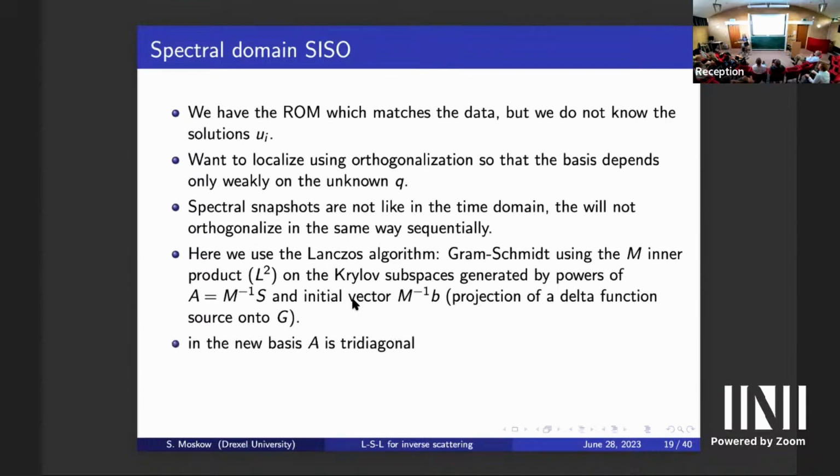Then the new basis A is tridiagonal, which is what happens with the Lanczos algorithm. So the operator is sparse in this new basis, like it is in finite elements.